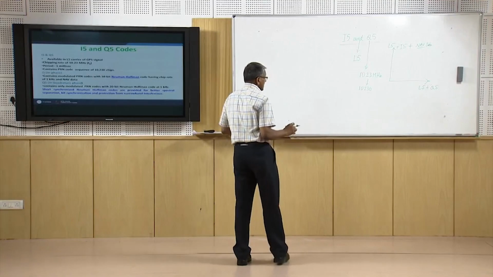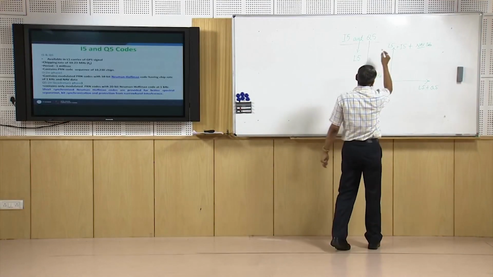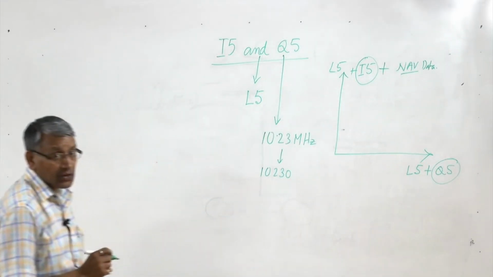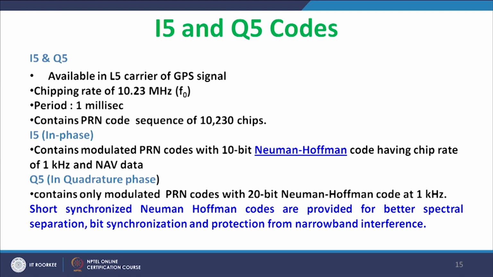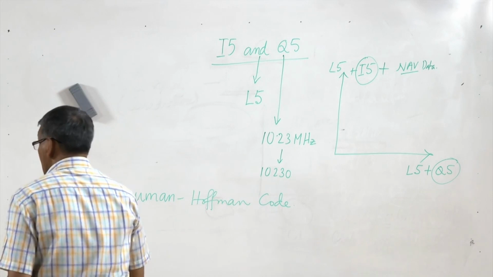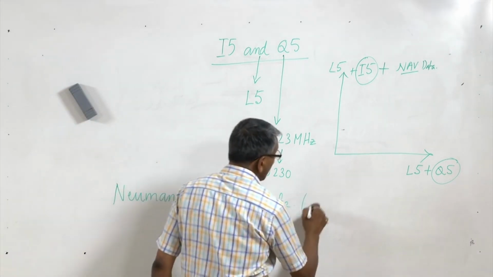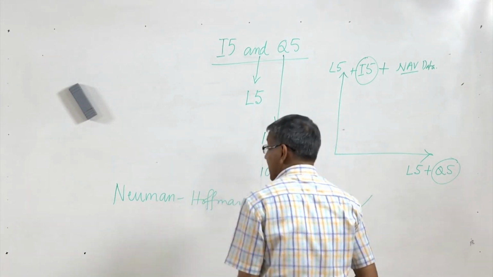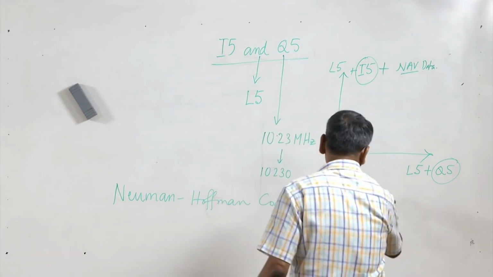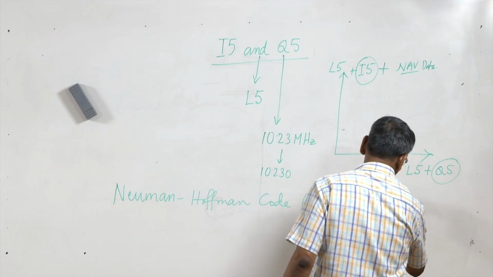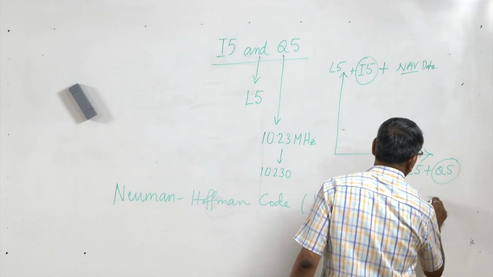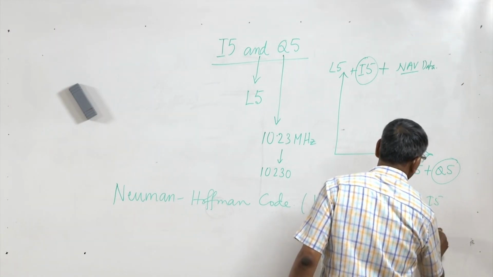Now one thing which is unique to these I5 and Q5 codes is that they are associated with a code known as Neuman-Hofman code, which has a chipping rate of 1 kilohertz, and it is 10 bit for I5 and 20 bit for Q5.